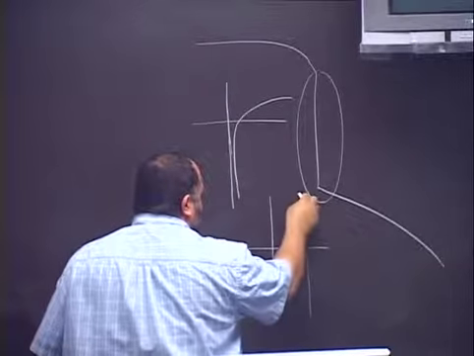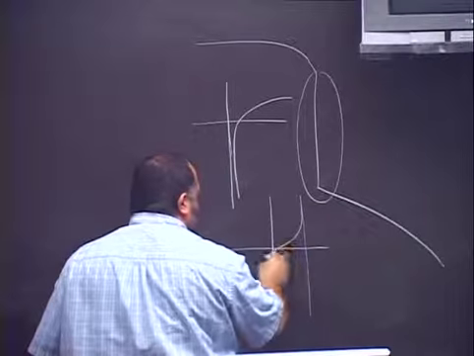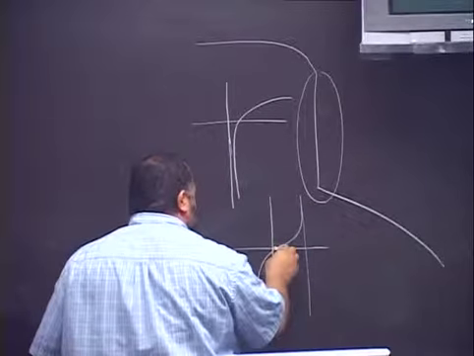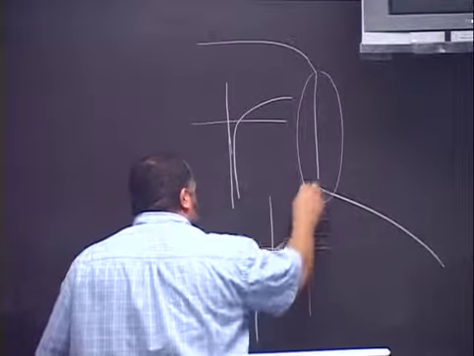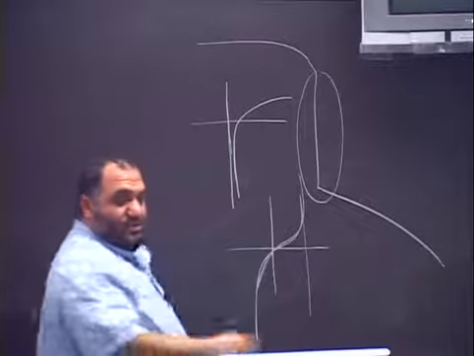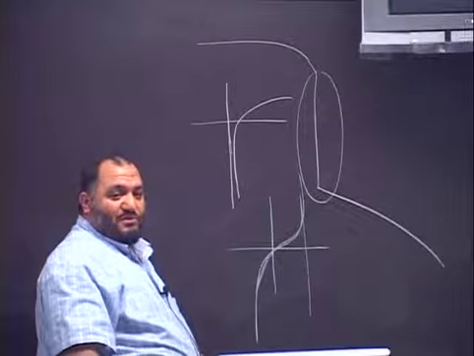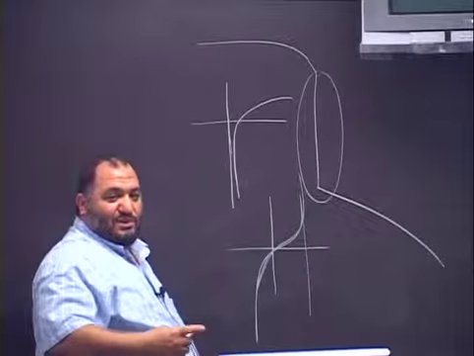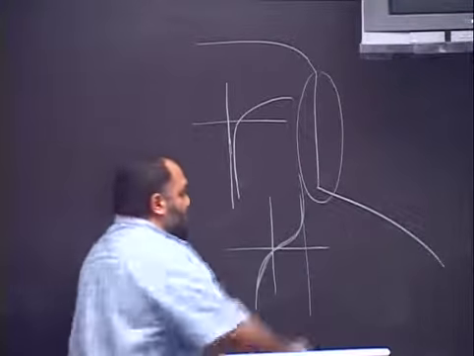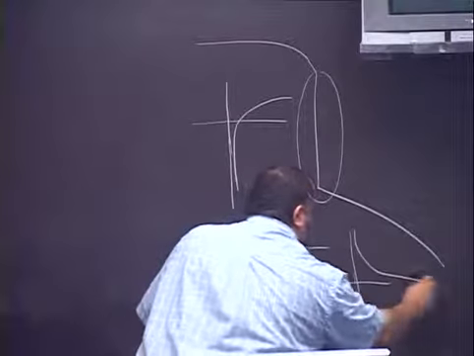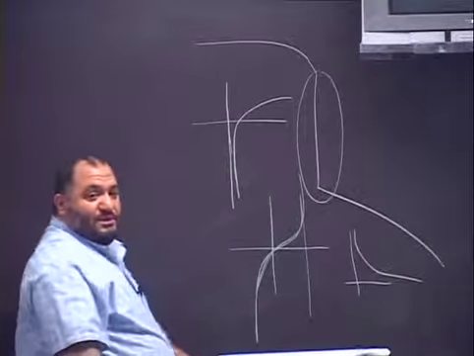Trigonometric? Yes, the tangent. And so on. So those are infinite discontinuities. And also 1 over x. When x equal to 0, it goes to infinity. Okay, guys?